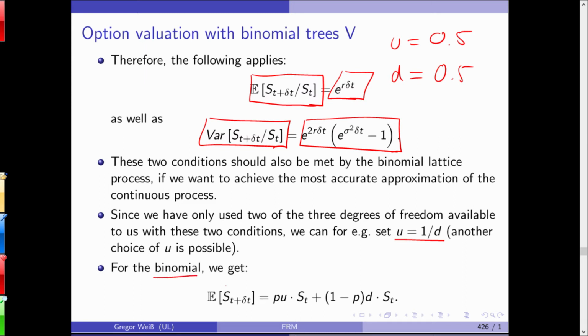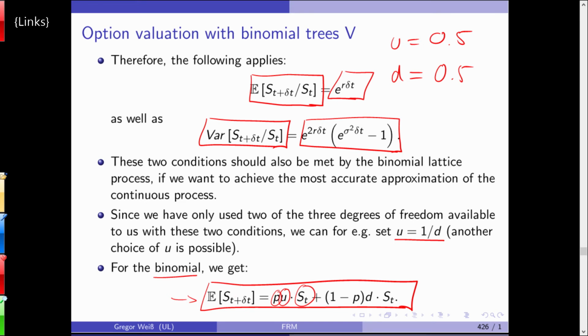Now, for the binomial process, we now get that the expected future price is probability times U times S_T plus 1 minus probability times D times S_T, the current stock price. Yeah, this is again risk-neutral pricing.